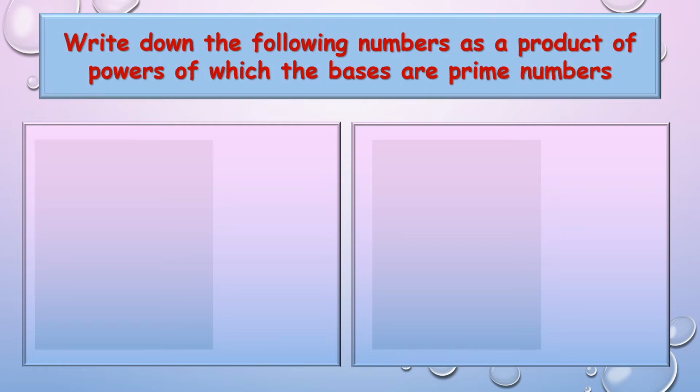Write down the following numbers as a product of powers of which the bases are prime numbers. Let's see how to do it. There are two numbers, so you have to write these numbers as a product of powers.